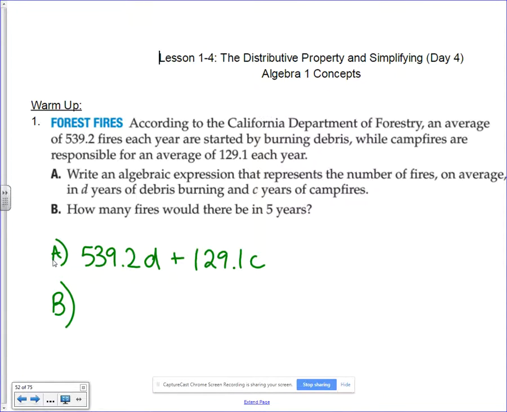Times 5. Both of those variables are going to be 5, right, folks? Okay, so go ahead and do that. Put a 5 in there for both variables.